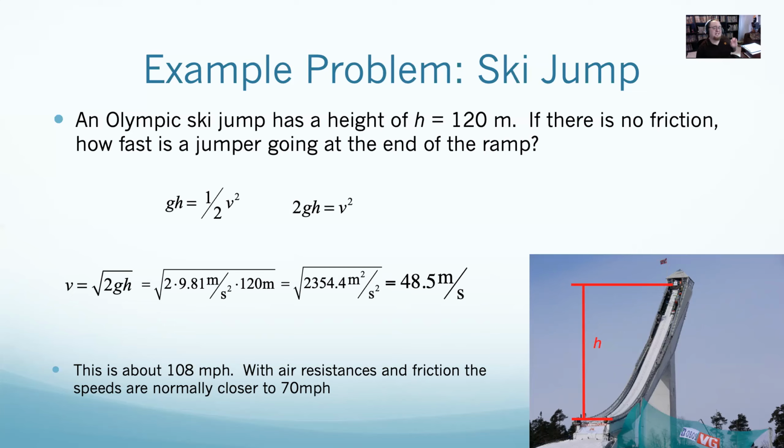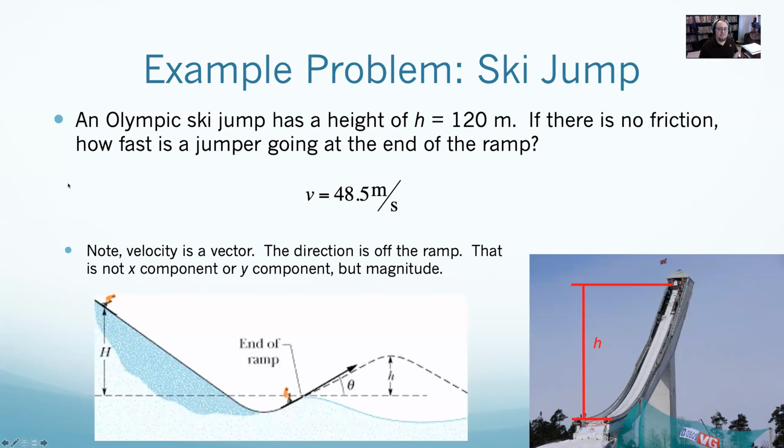Now, there is one issue with conservation of energy. I say this person leaves the ramp at 48.5 meters per second. But that's not a complete velocity. As we covered in chapter 2, velocity is a vector. When you say the velocity, you don't just say the magnitude, you have to say the direction. This doesn't tell me what direction the person is moving. Anytime you use conservation of energy, you will not get the direction.